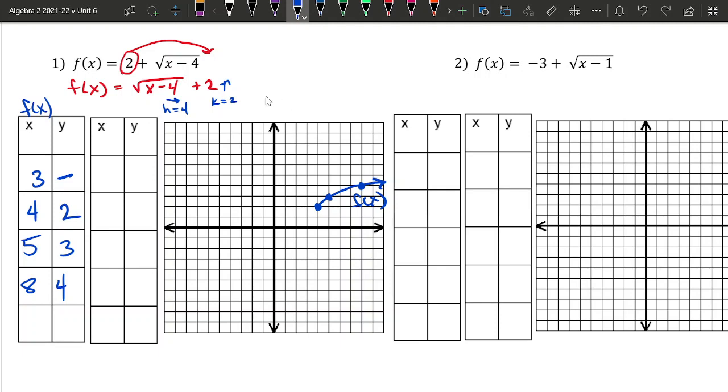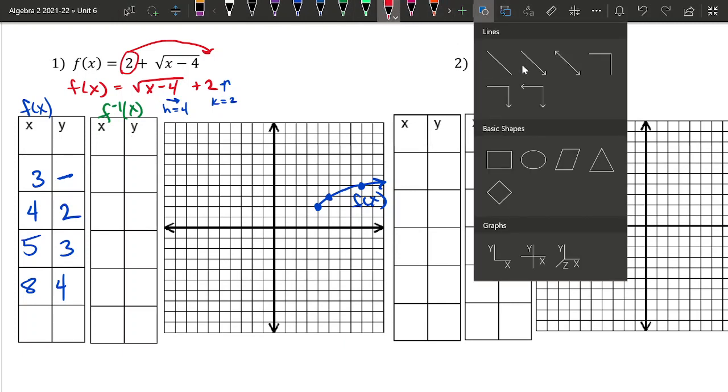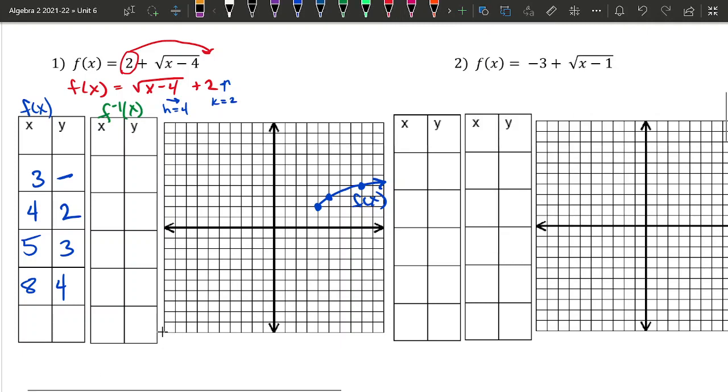And then I need to get the inverse. So the inverse is f inverse of x. Inverse is just a -1 exponent. And the inverse graph is a reflection across the line y equals x. So I'm also going to add the line of reflection to my graph.